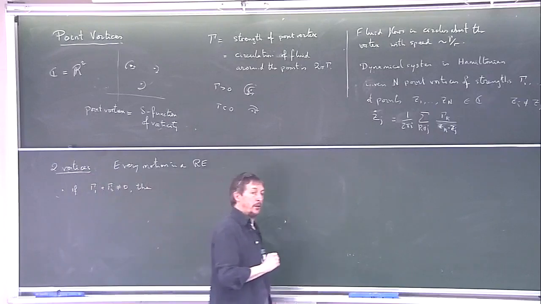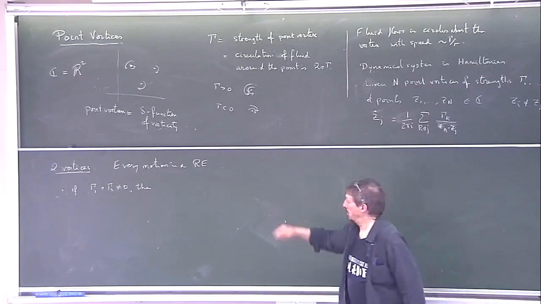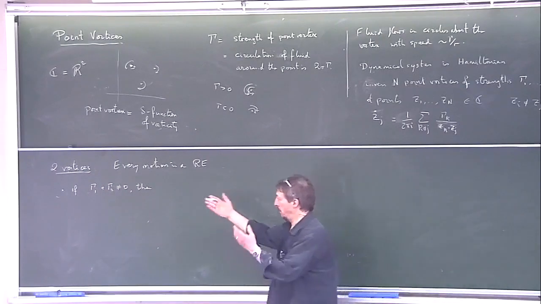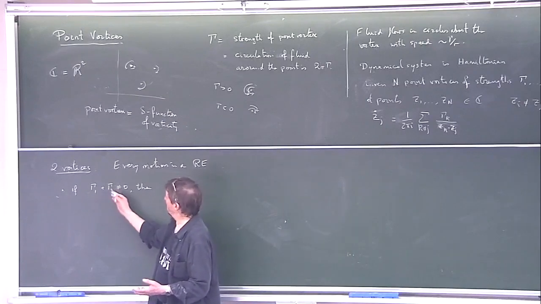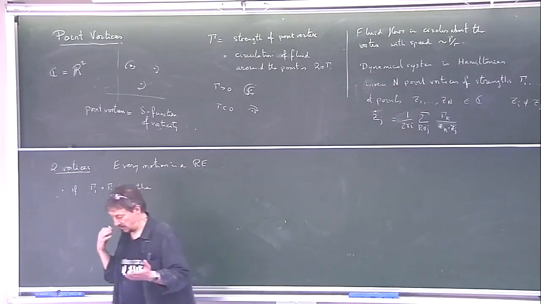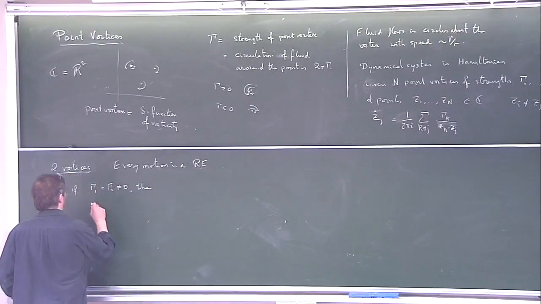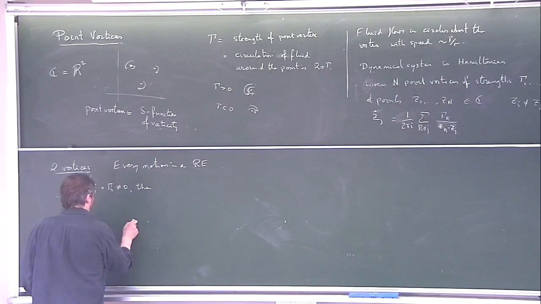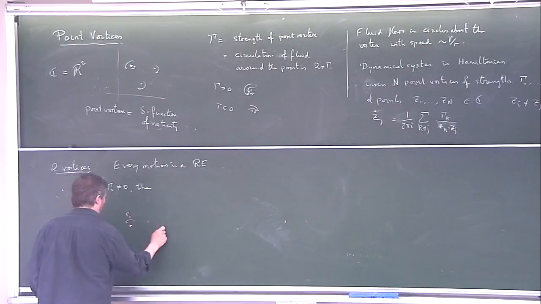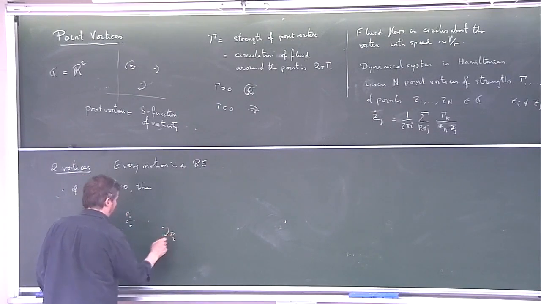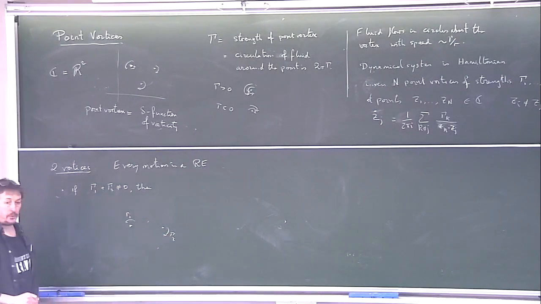So if gamma 1 and gamma 2 don't sum to 0, so gamma 1 is not equal to minus gamma 2, then there is a point.